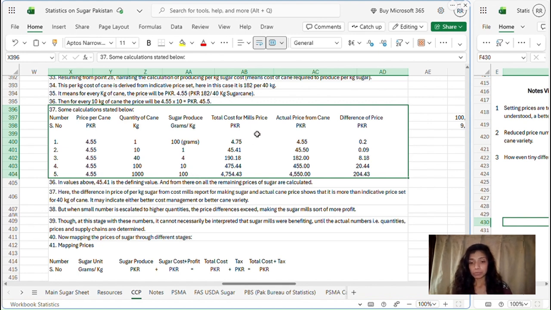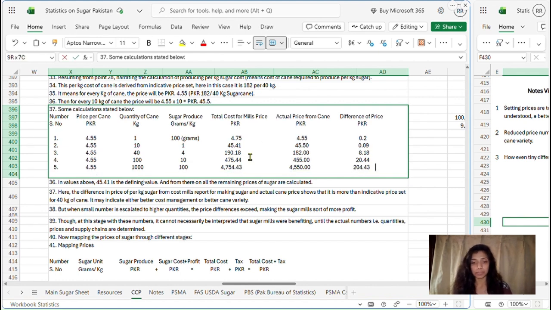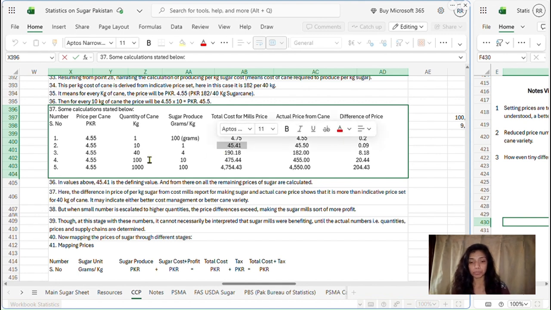Now for the cost here, this was the main price around which we calculated all these prices. 182 per 40 kgs was the main price from which we derived all this, and this per kg sugar producing price with reference to cane is 45.41, 45 rupees and 41 paisas.